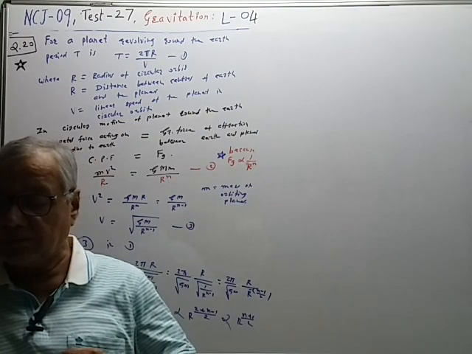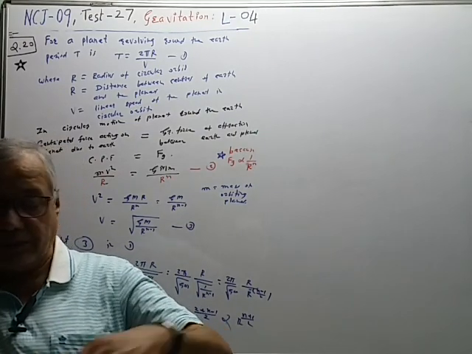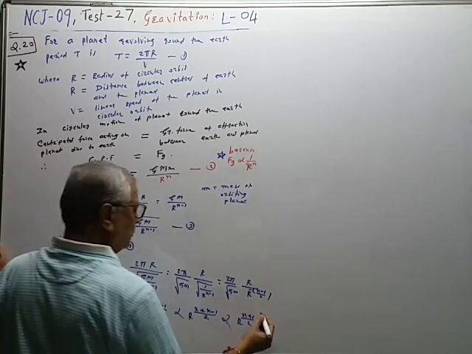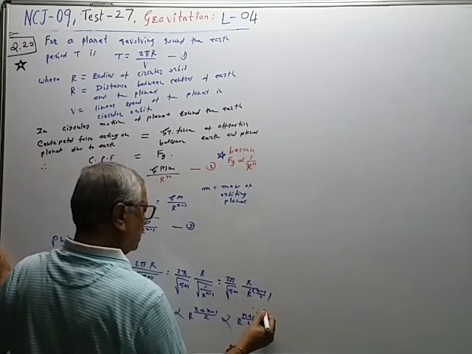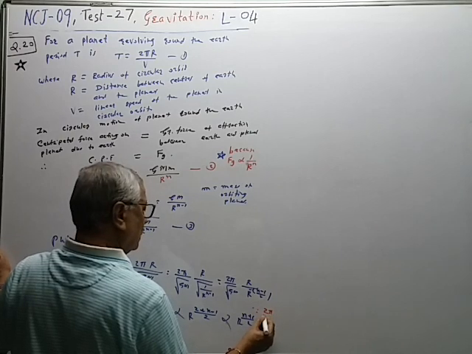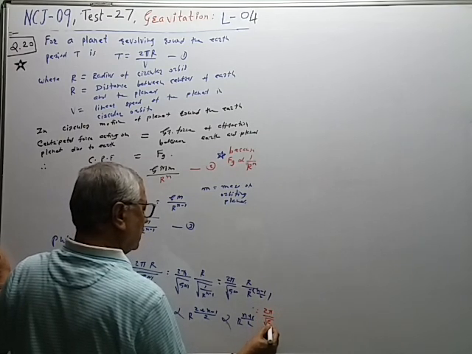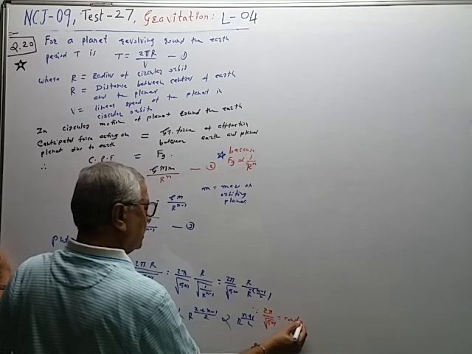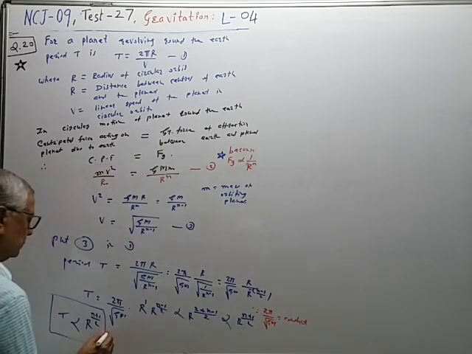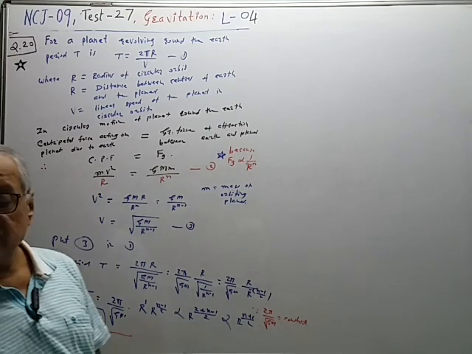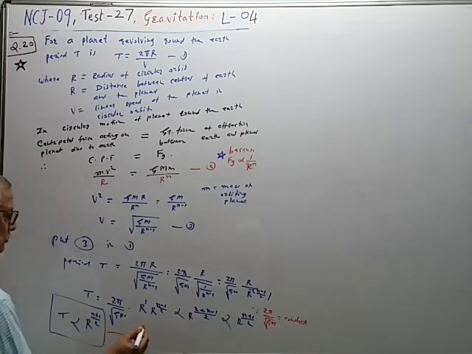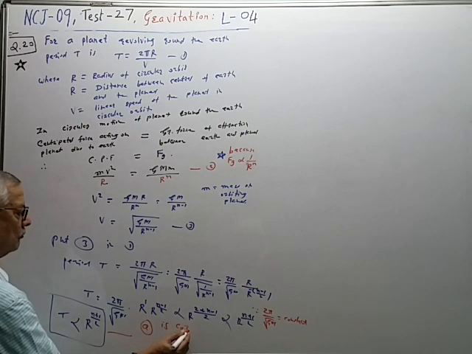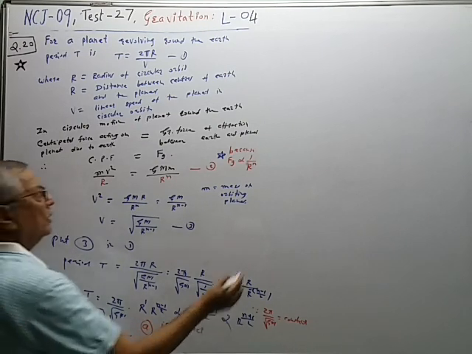The remaining quantities go in the constant, because 2 pi upon under root GM is equal to constant. So the correct choice is A. A is correct.